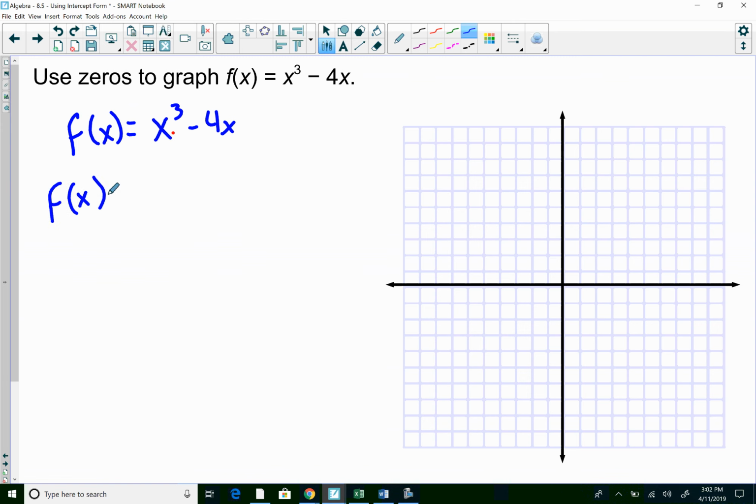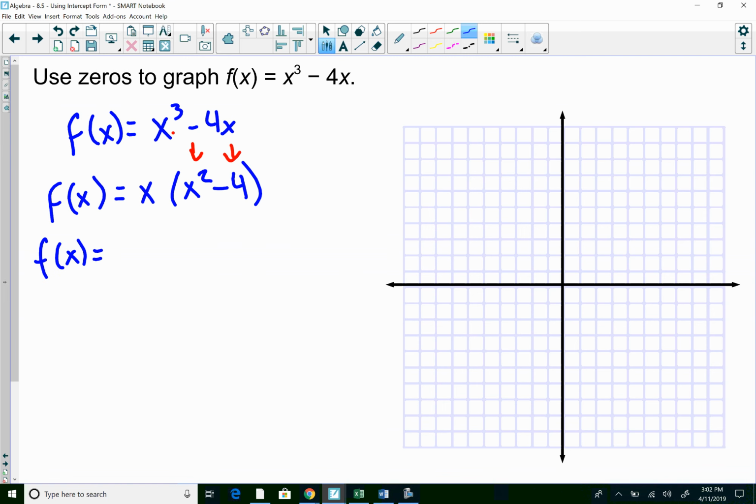So we're going to start by taking that x out, and that's going to leave you with x squared minus 4. Now from here, hopefully you're able to start recognizing that this is a difference of squares, and I'm going to keep mentioning it because I really want you guys to make sure that you're able to recognize these.